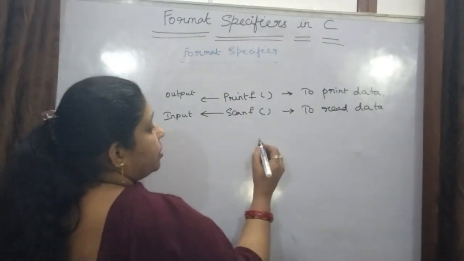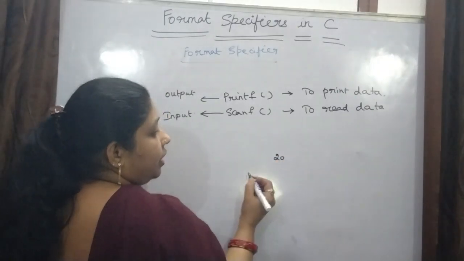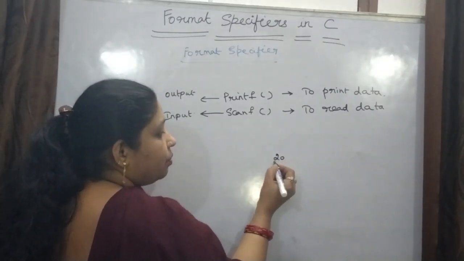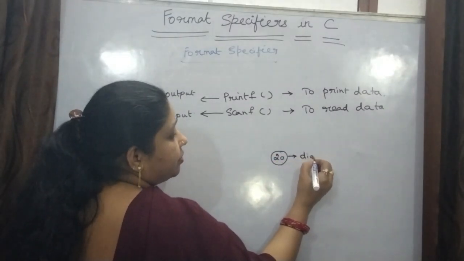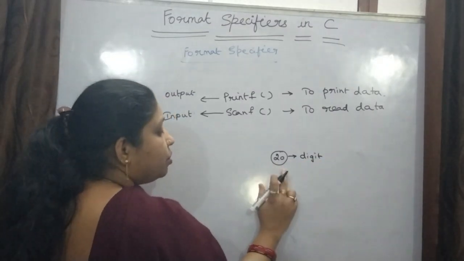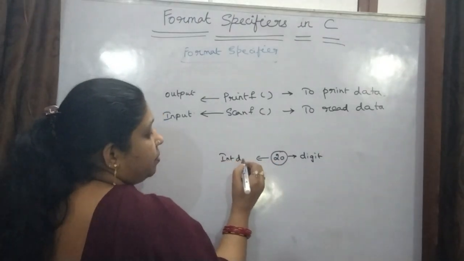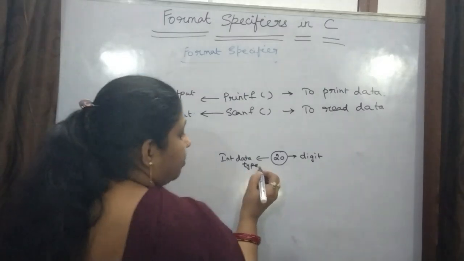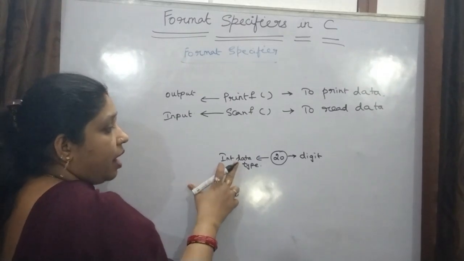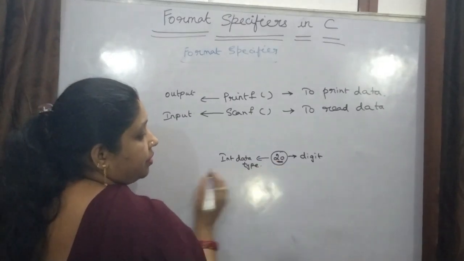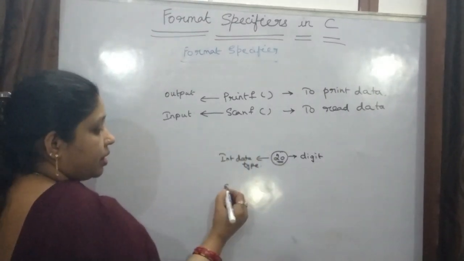Suppose the user has to give the value 20. When the user has given input as 20, this 20 is nothing but a digit. There is no decimal point, so it comes under the int data type. Now the compiler understands this is the int data type, and this value has to go into some variable.